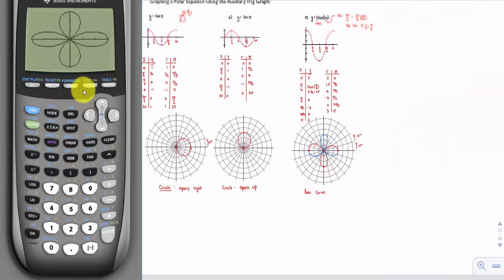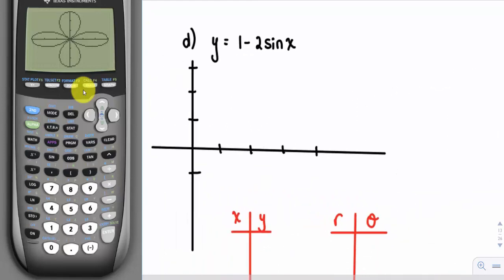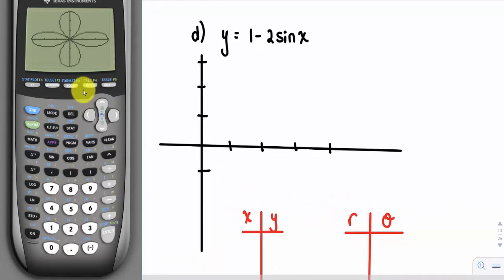Okay. Got 2 more to wrap up here, so let's do these quickly. So here we go. We have 1 minus 2 sine x. So this graph is going to go up 1. So you'll see I'm going to have a vertical shift up here, up 1. And notice, this graph normally, when you see it, looks like this: -2 sine x plus 1.